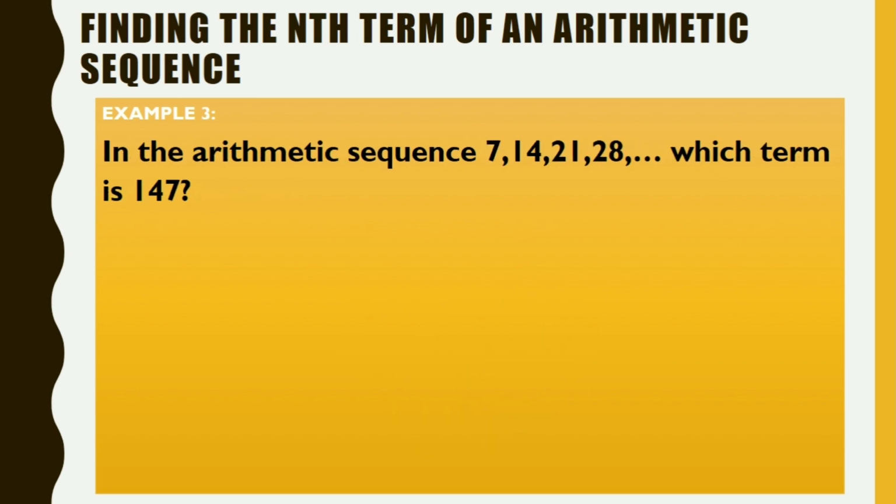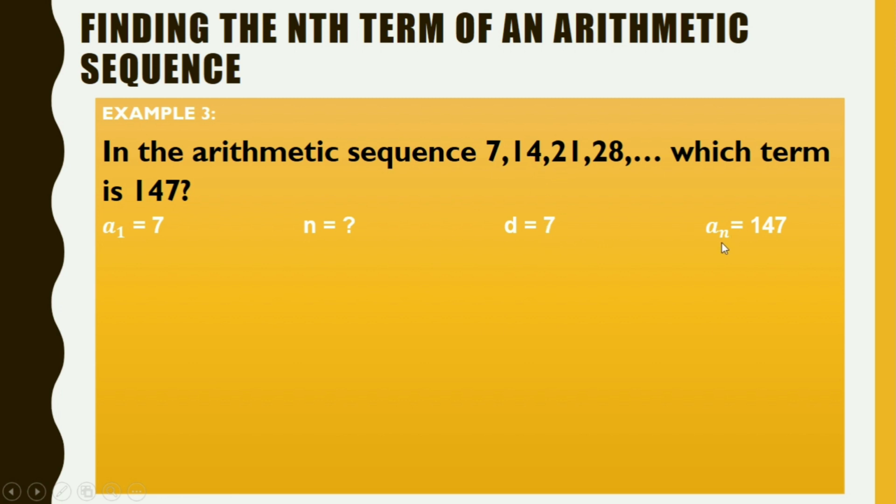Third example. In the arithmetic sequence 7, 14, 21, 28, and so on, which term is 147? Write the given. Our a sub 1 is 7, n is question mark because we will look for the value of n. d, our common difference, is 7 because 14 minus 7 is equal to 7.